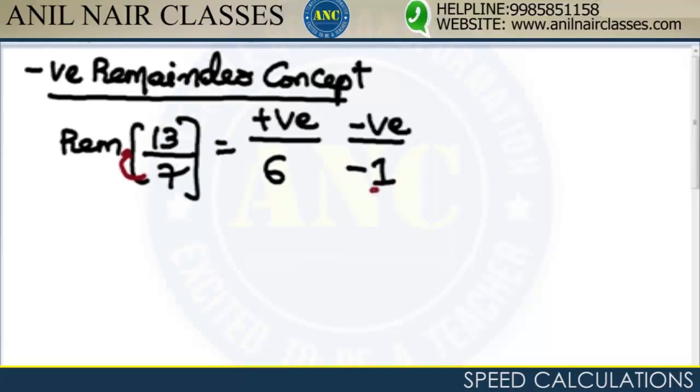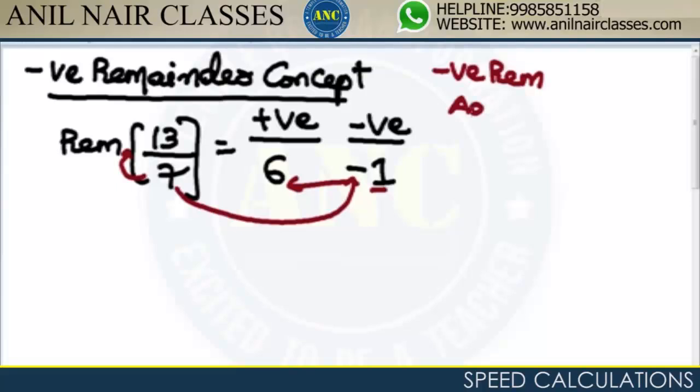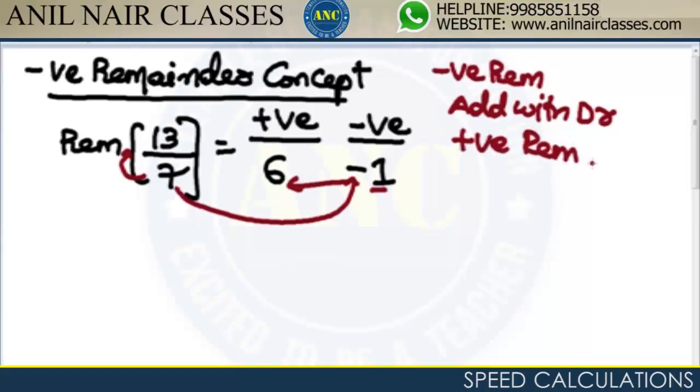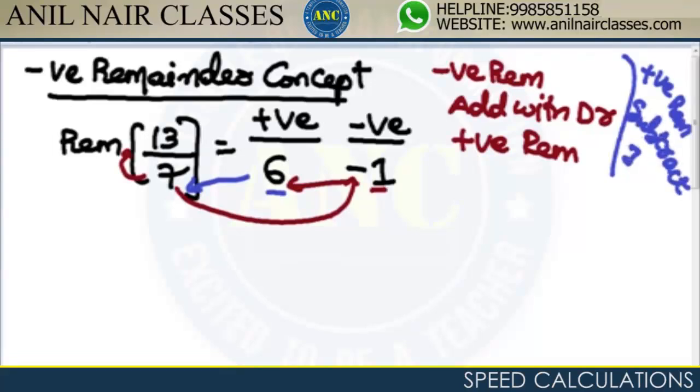Now, if you get a negative remainder, add it with the denominator to get the positive remainder. If you get the positive remainder, subtract it from the denominator to get the negative remainder.